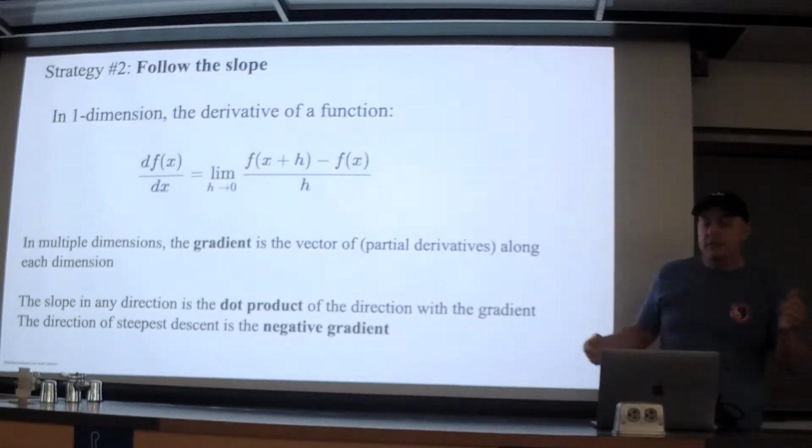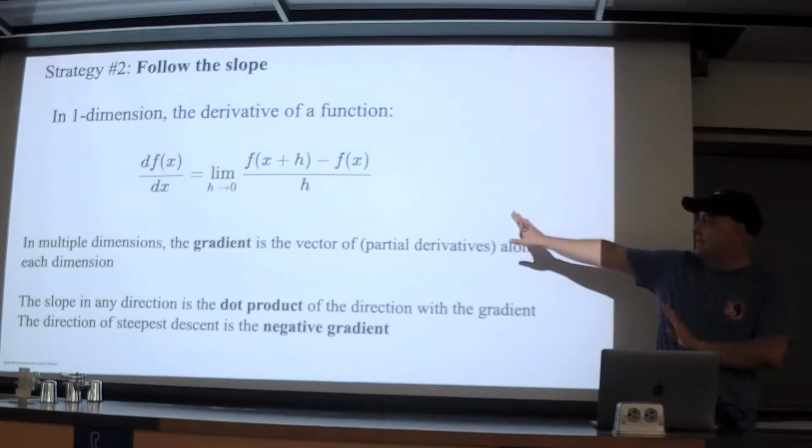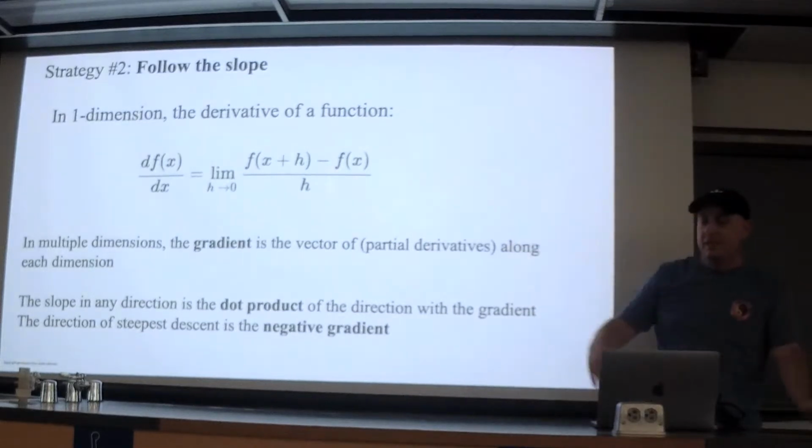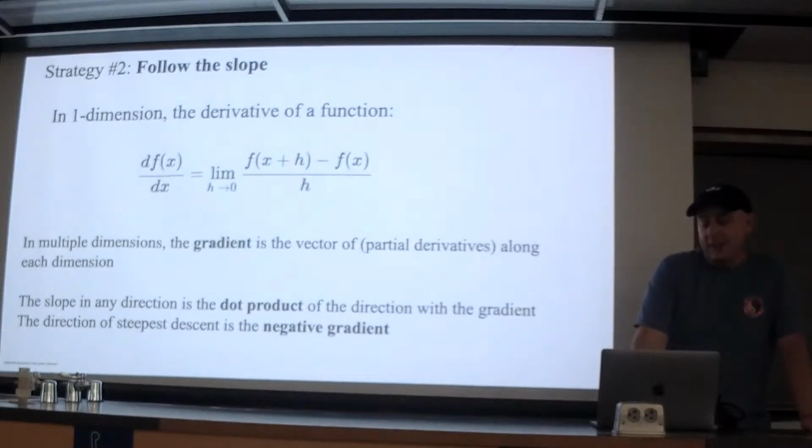And that's the idea of a derivative. Here's a formula for it in one dimension. I'm sure you remember this. Some of you with love, some of you with hate, I don't know. But nevertheless, the definition for your one-dimensional derivative.